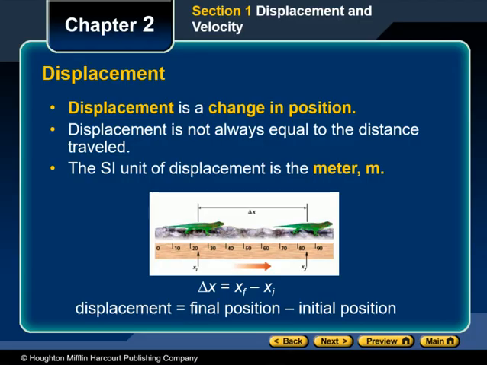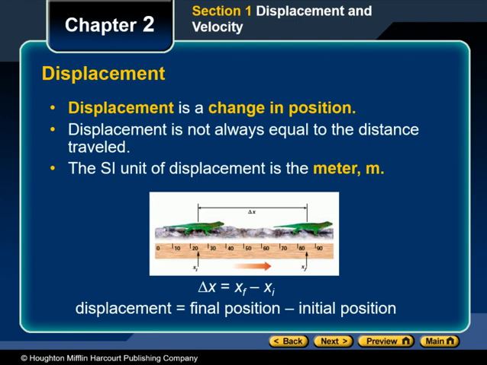As any object moves from one position to another, the length of the straight line drawn from its initial position to the object's final position is called the displacement of the object. The gecko, again shown on the screen here, moves from left to right along the x-axis from an initial position, x sub i, to a final position, x sub f.